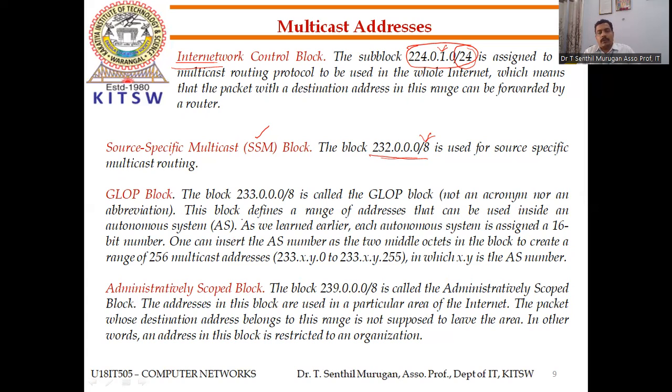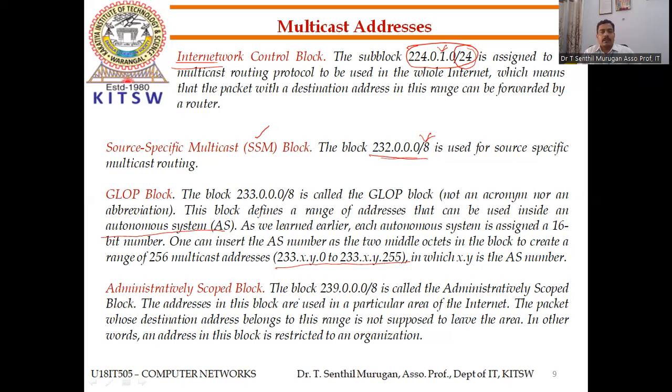It is used for sending information to autonomous systems. We already know 3 types of autonomous systems: sub-autonomous system, multi-homed autonomous system, and transient autonomous system. If we want to forward the multicast address, there will be this many addresses.